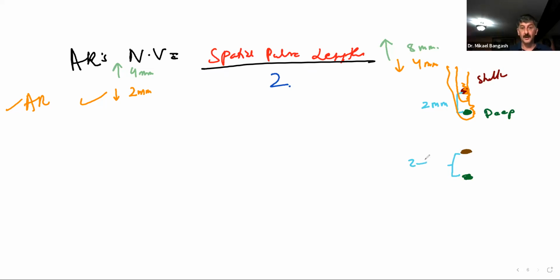But if we had a pulse of 8 millimeters, where the numerical value for our axial resolution becomes half of that, which is 4 millimeters, then 4 millimeters is going to be greater than the distance between these two structures here, which was just 2 millimeters apart.